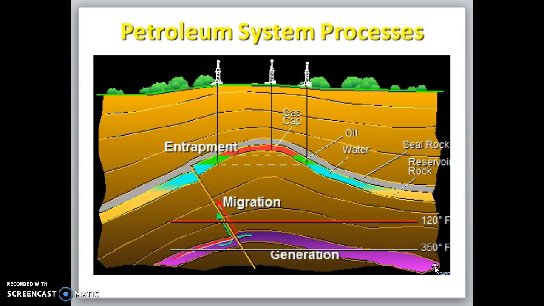This organic matter will then be transformed into kerogen by diagenesis processes, going through compaction, and then converted into petroleum by heat and pressure during the maturation process.